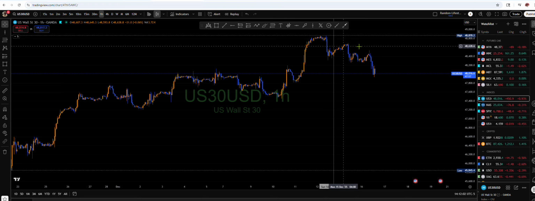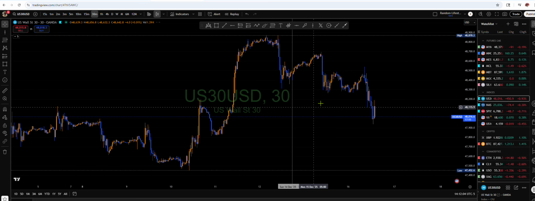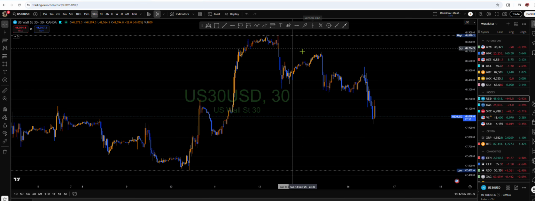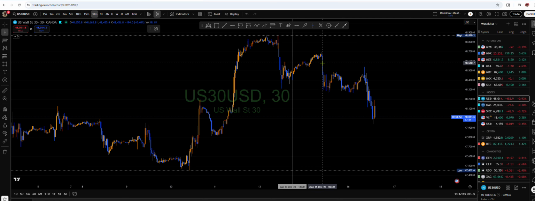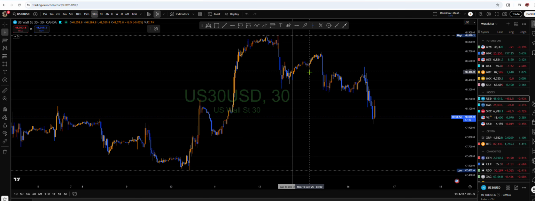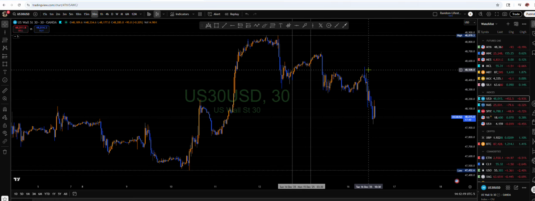Market opens, and then market opened at 1800. So they close at 17, and then they open back at 1800, right? Then we try to find 330, which is right here.